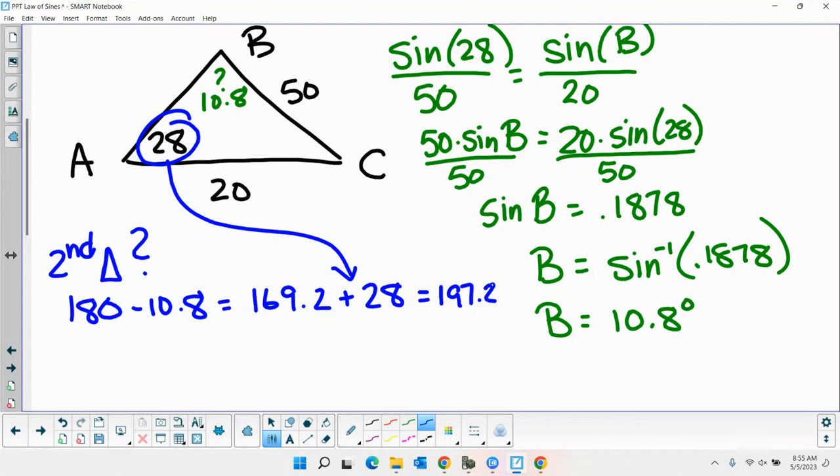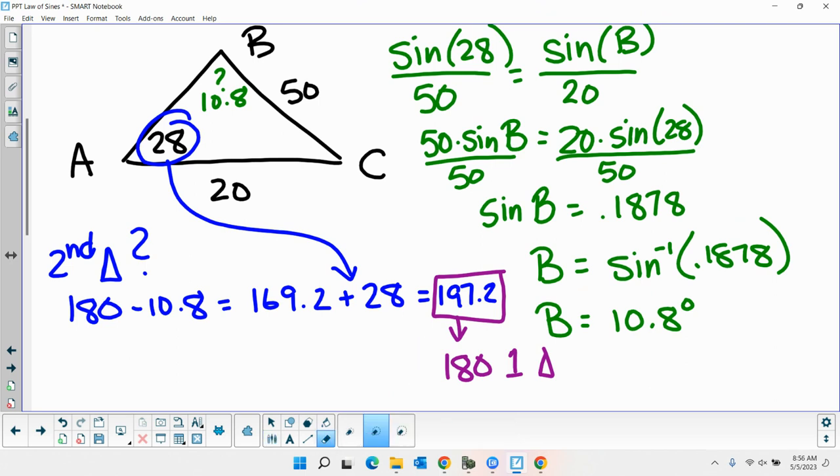If this answer is greater than 180, there's only one triangle. And I just said less than, didn't I? Sorry about that. If that answer is greater than 180, there's only one triangle. So in this problem, there's only one triangle because 197 is bigger than 180.